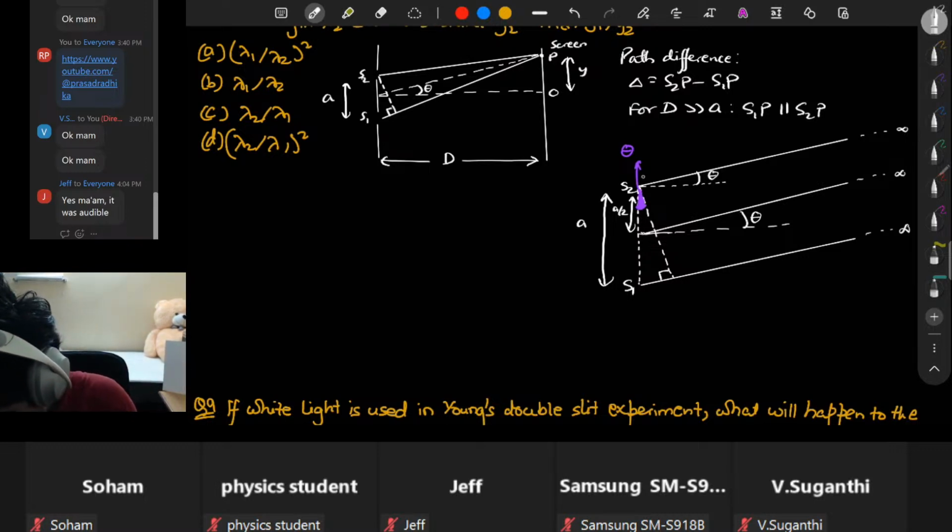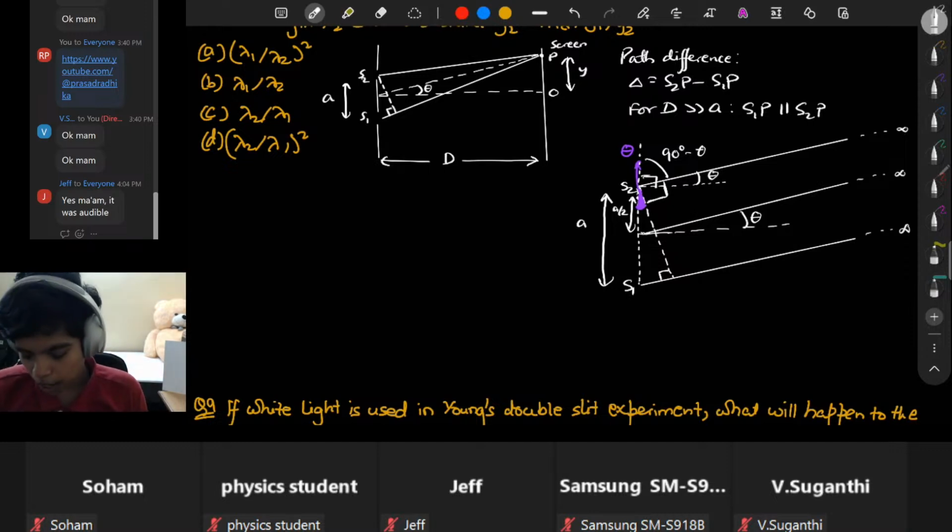And because this is horizontal, if I extend this vertical line over here, this is 90 degrees. As a result, this angle is 90 degrees minus theta. And also this angle is 90 degrees.